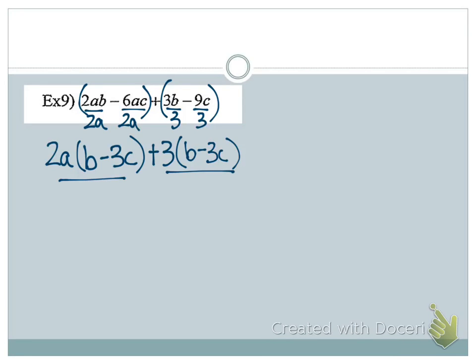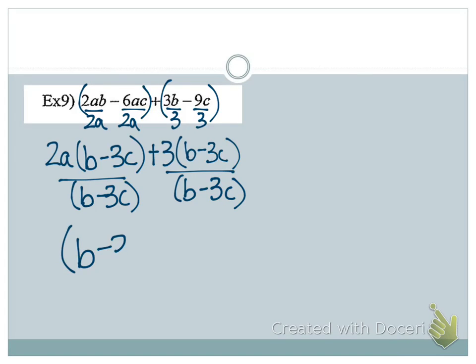So now what am I factoring? A GCF of b minus 3c. I like that wording. So our GCF gets written in front of another set of parentheses. And what goes in that set? 2a plus 3.